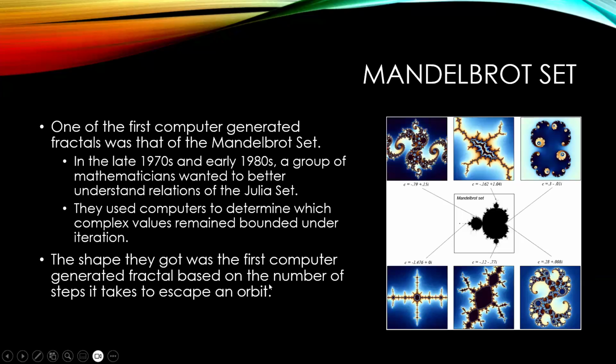The shape they got was the first computer-generated fractal based on the number of steps it takes to escape orbit. We'll explain that more in our next lesson, I think. But this right here is our first computer-generated fractal, and it is a map of all of the possible Julia sets, which is kind of fun.